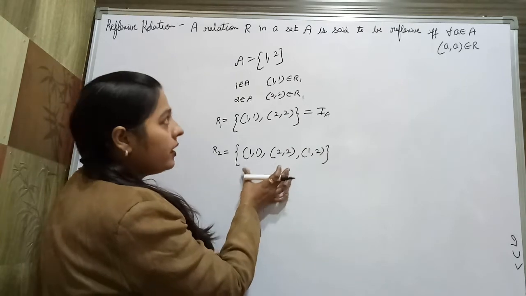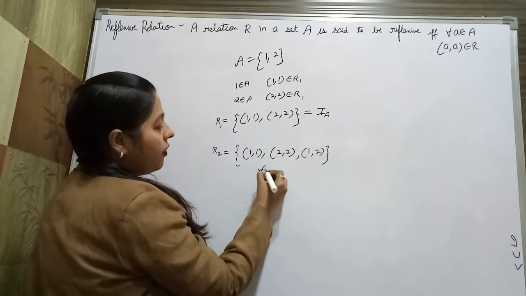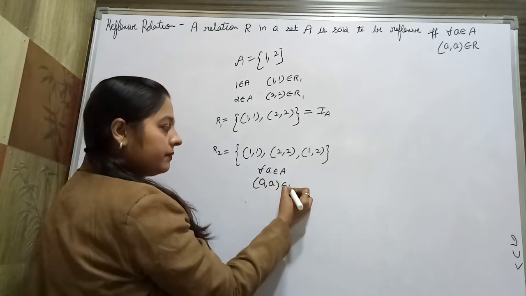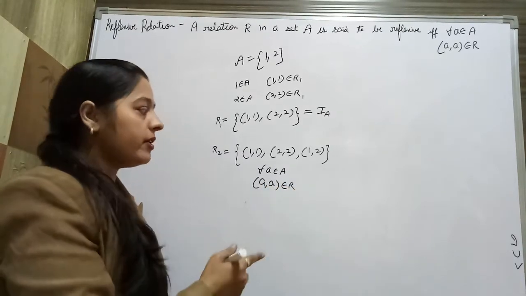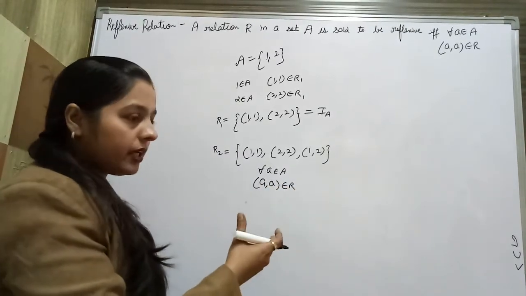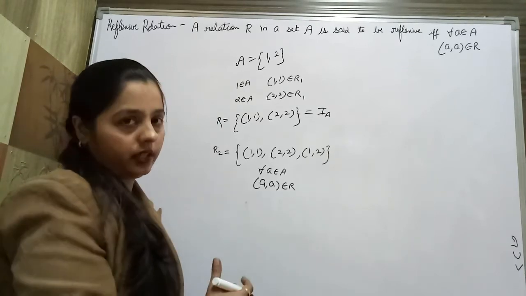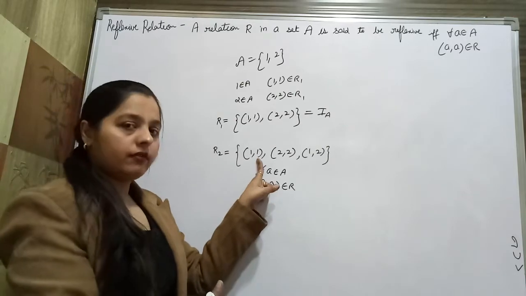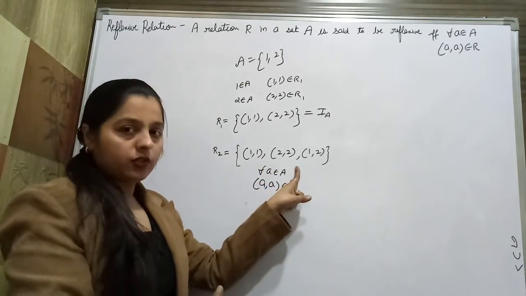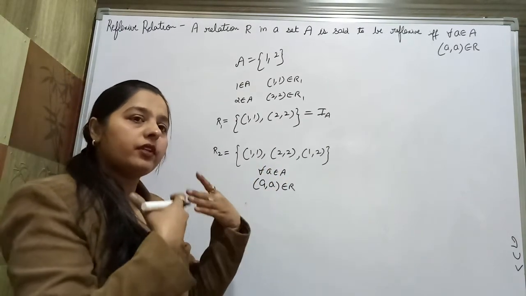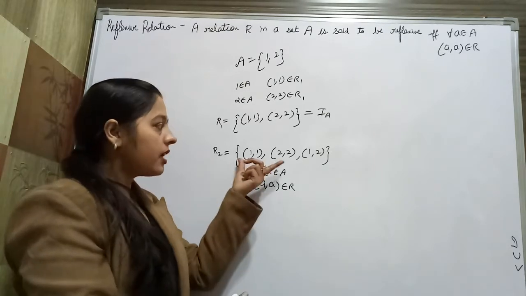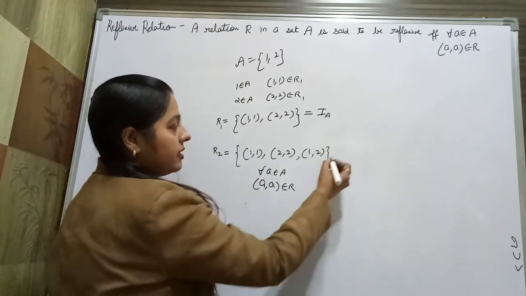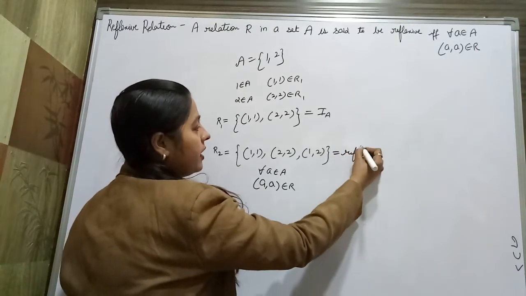Because it fulfills the given condition that for all a belonging to A, (a, a) must belong to R. But it doesn't mean that it can never take any other ordered pair. It means 1 must be related with 1, 2 must be related with 2, but 1 can relate with 2 also. So this can also be a reflexive relation. So is this reflexive? Yes, this is a reflexive relation.